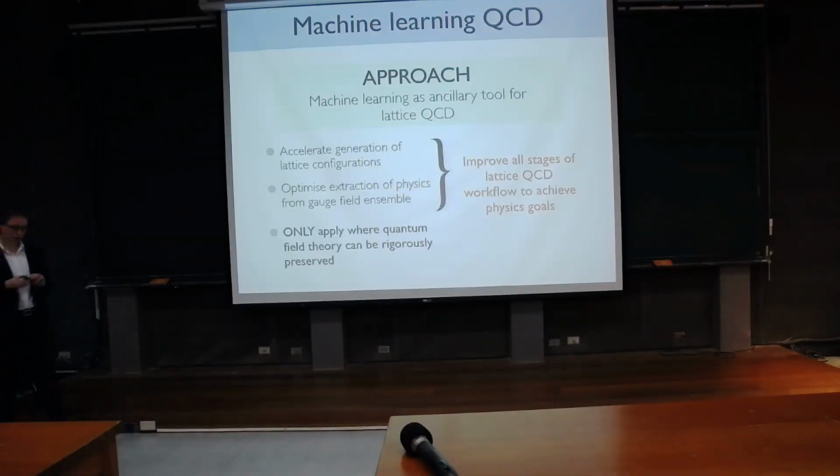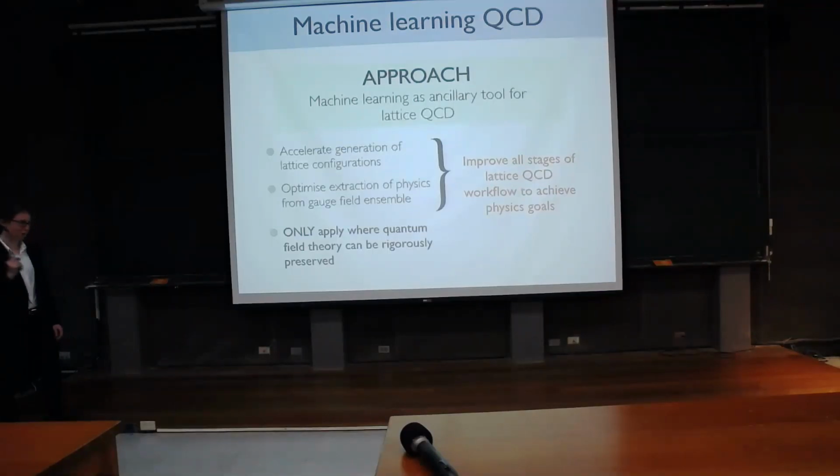The applications of machine learning in this area are really particularly interesting because we have to be very, very careful. We want to preserve the fact that the formulation we have is a rigorous approach to studying a quantum field theory. We don't want to insert a black box at any point of the calculation where an error on the machine learning side means that you get the wrong physics out.